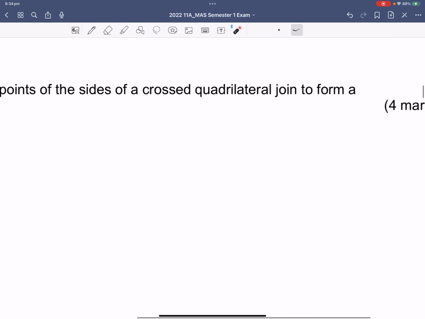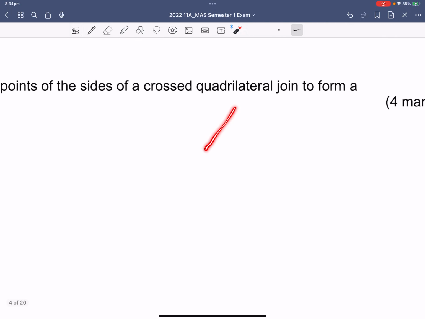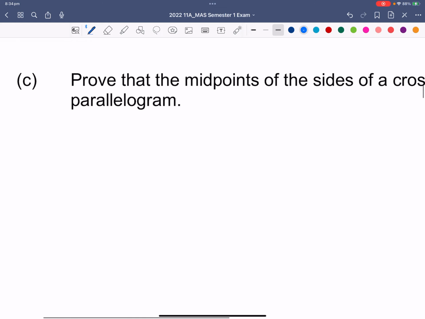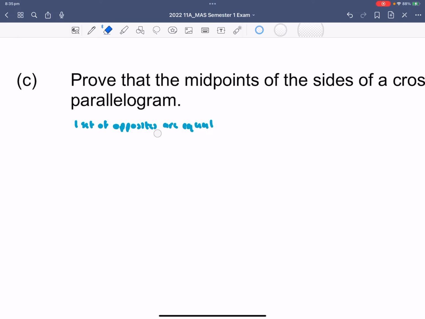But one of the easiest ways is to prove one set of opposite sides are equal in length and parallel. That is a very, very easy way to prove something is a parallelogram. Just prove one set.